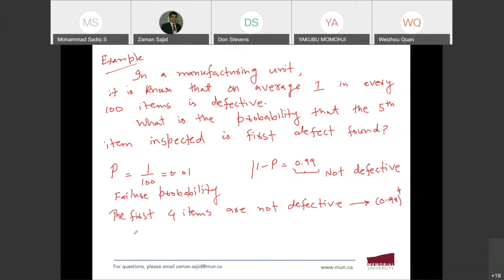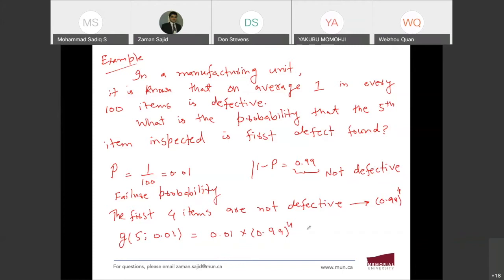So G at 5, semicolon, 0.01, equals, according to the formula, 0.01 times 0.99 power 4.